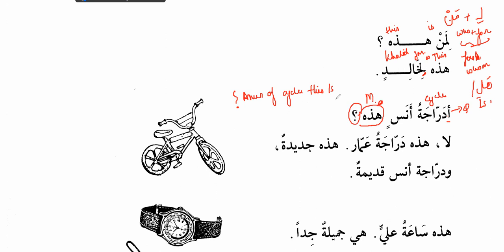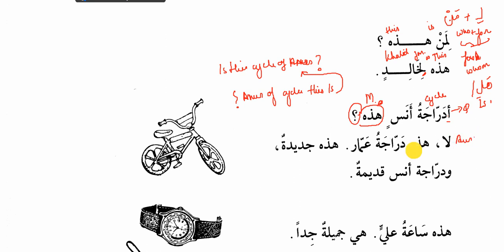So I have written it from right to left. You can now do it from left to right, the cycle of Anas, sorry, Anas, like this. So la, this is the answer.